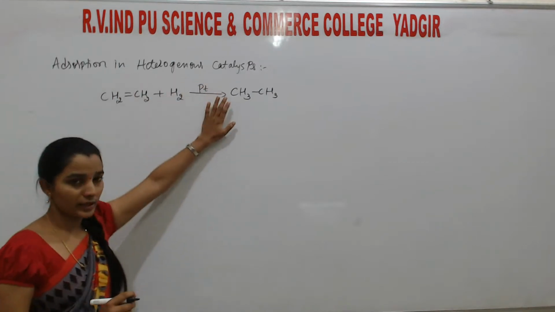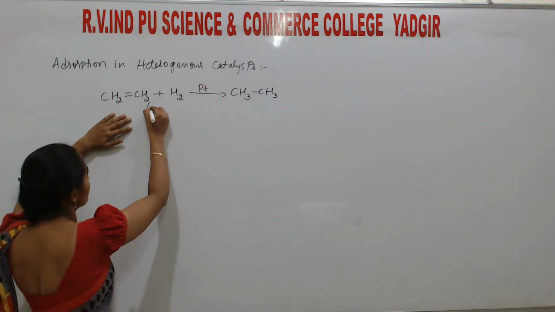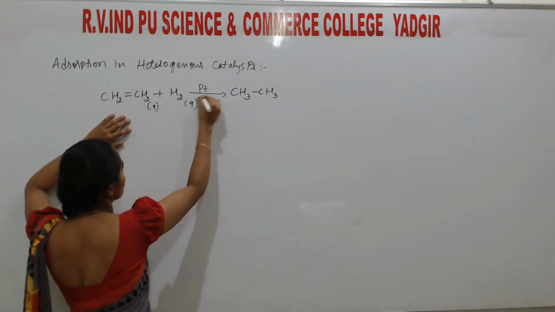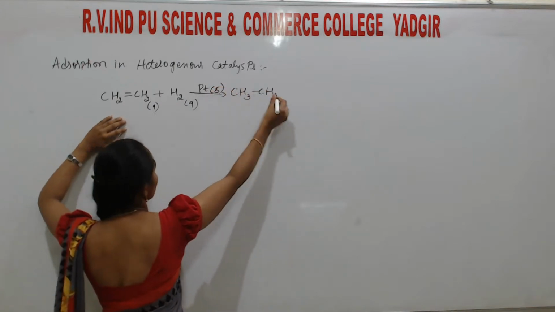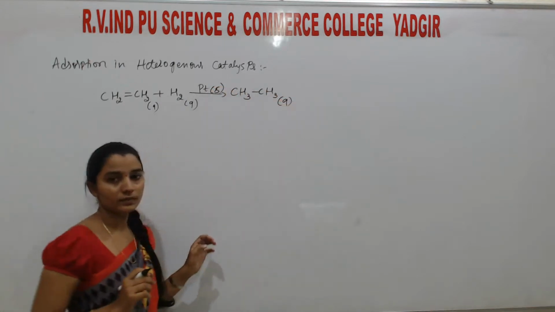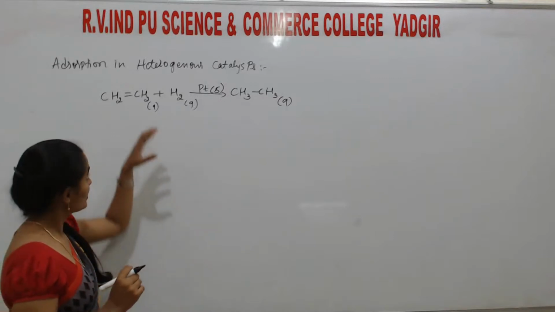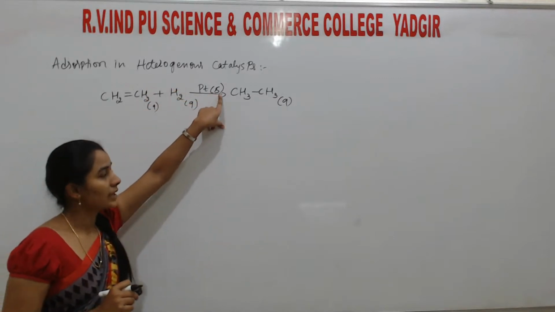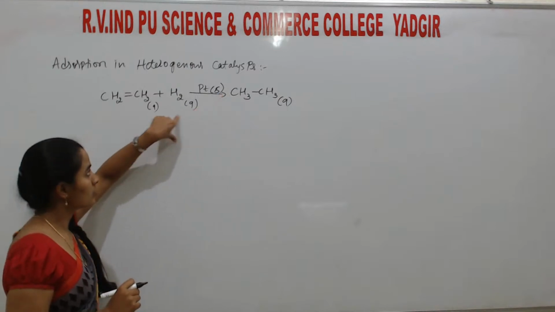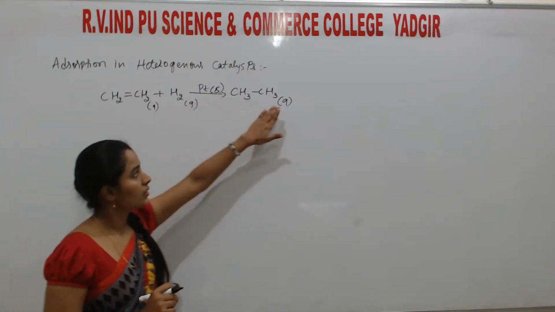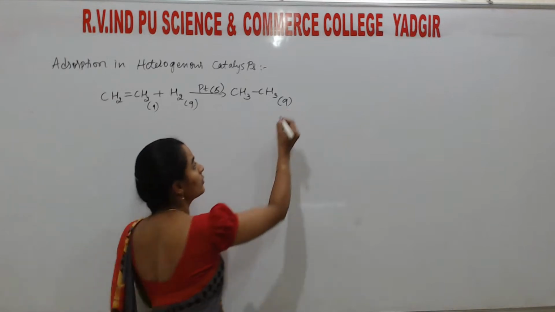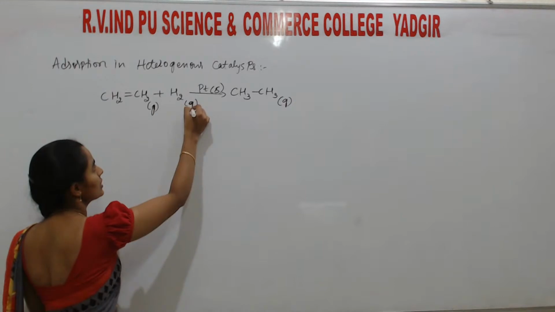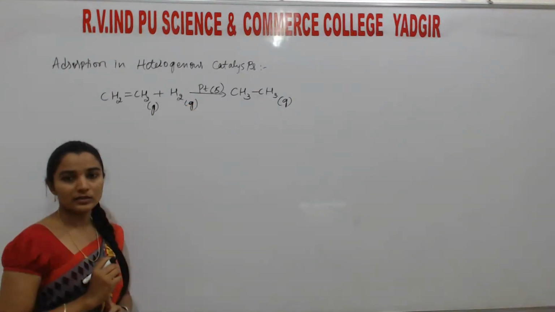This is the reaction. This is gaseous, solid, gaseous. So these are different in phase. This is the catalyst, the solid phase. These two are the reactants, gaseous phase. This is the product, gaseous phase. That means this is an example of heterogeneous catalysis.